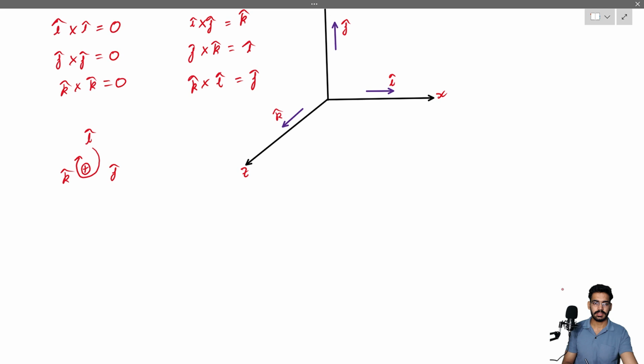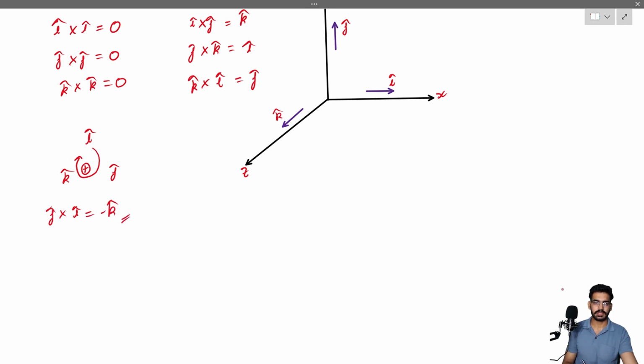So i cross j is k, j cross k is i. If you are going like this, you have to take it as a positive value. j cross k is i and k cross i is j, right? But if you go anti-clockwise, for example j cross i, you have gone opposite, so j cross i will be minus k cap. I hope you understood this thing.